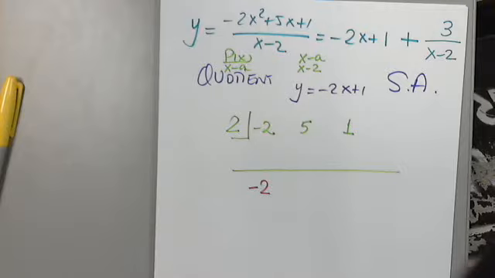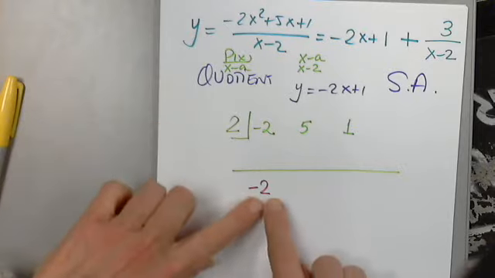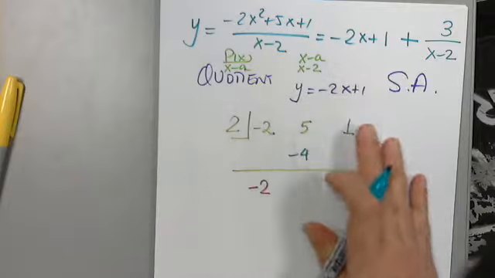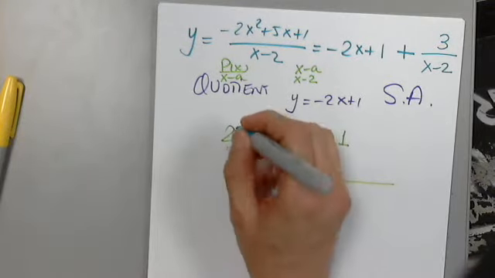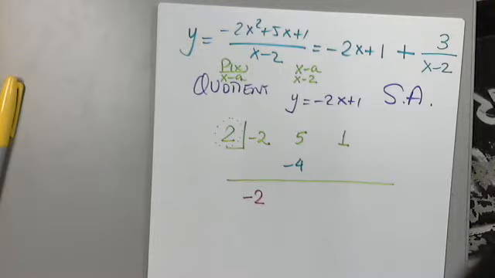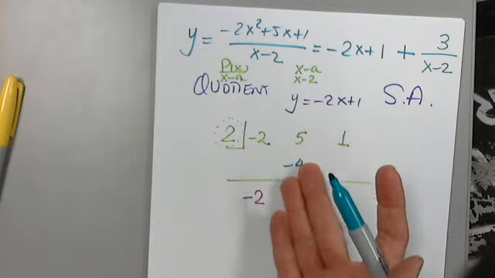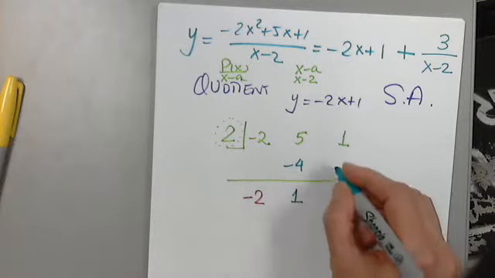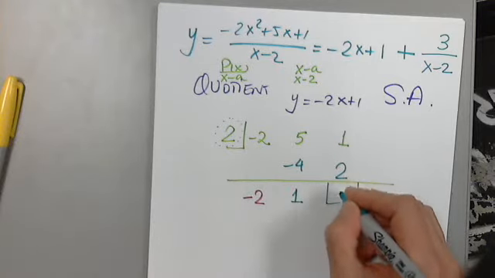Now I multiply 2 by negative 2 and write the answer here. No more changing of signs in the synthetic division because we already took care of it here. I perform the operations I see, and I get 1. And then 2 times 1 is 2, and this is what I have to box in.